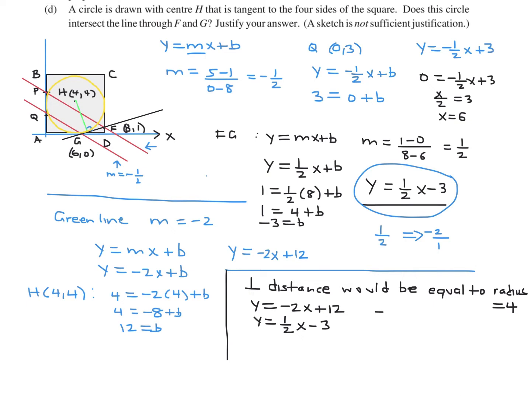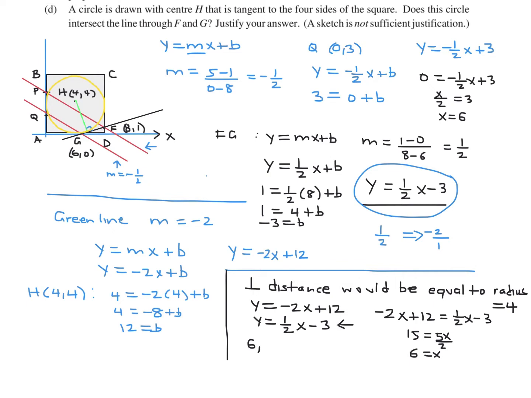Okay, setting these equal to each other, minus 2x plus 12 is equal to 1/2 x minus 3. So that means 15 is equal to 5x over 2, and therefore x is equal to 6. So this point where it touches, whatever that point is, x is 6, and then the y coordinate, sub it back into either one of these.